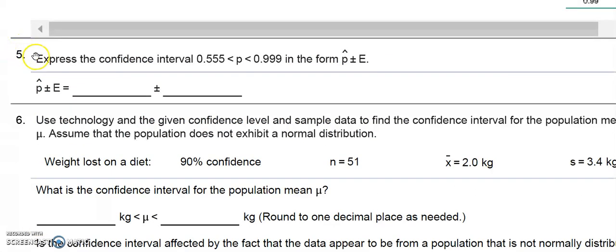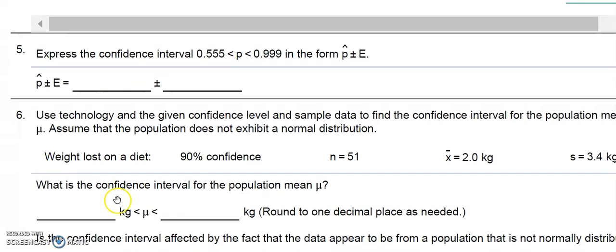So in number 5 here, this confidence interval is given. So this value is already p hat plus E, and this is p hat minus E. So if I add these two values, I basically get 2 p hat. So add these two and then divide by 2, you get the value of p hat, which you can write right here.